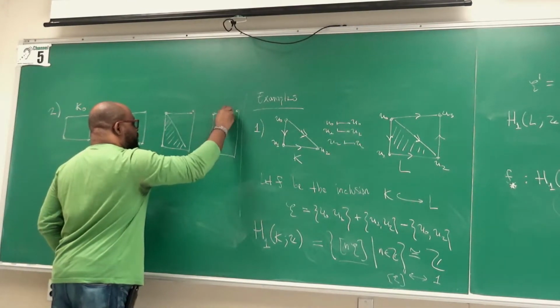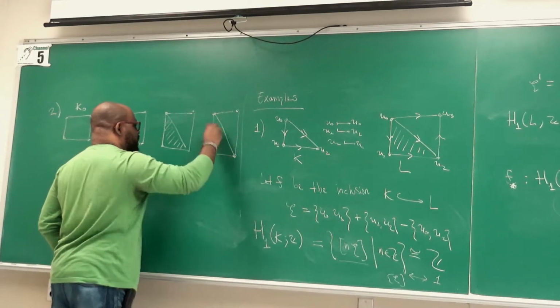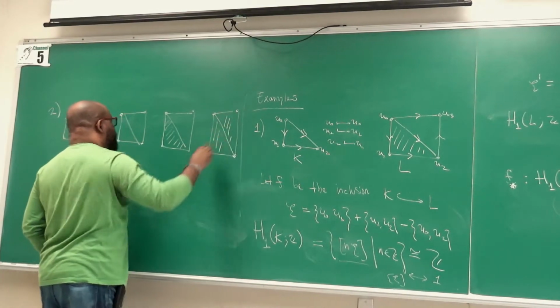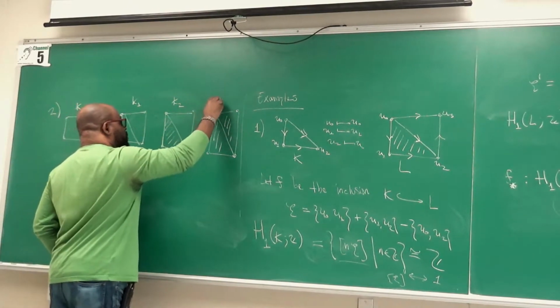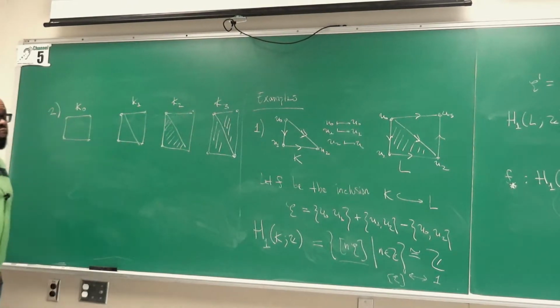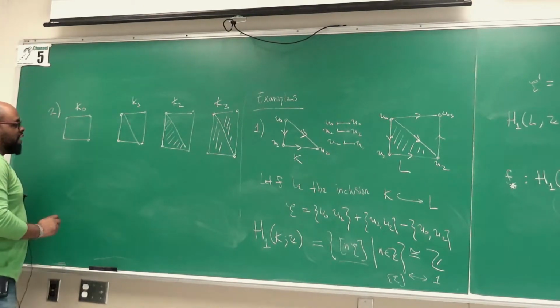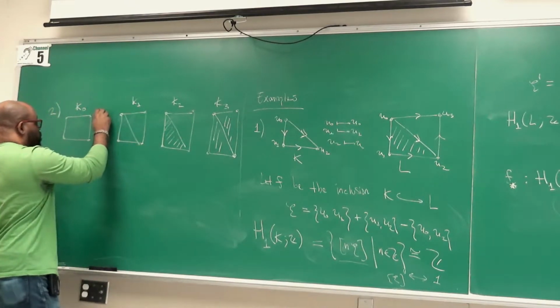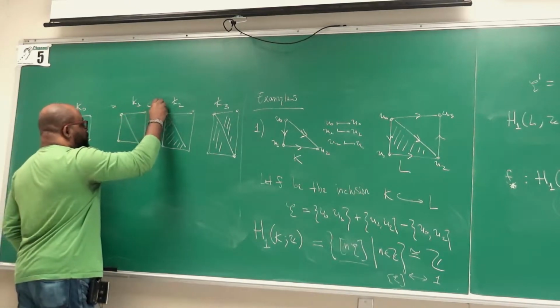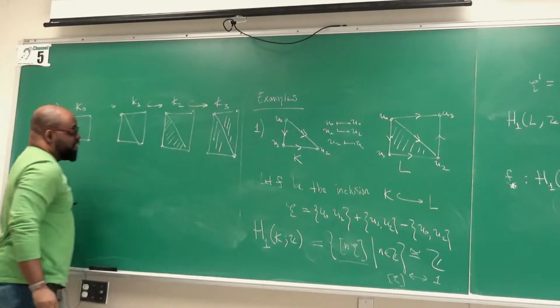And then K3 is going to be this guy with both sides filled in. Okay? And the simplicial maps that I'm going to consider are going to be inclusions between every 2 consecutive Ks.